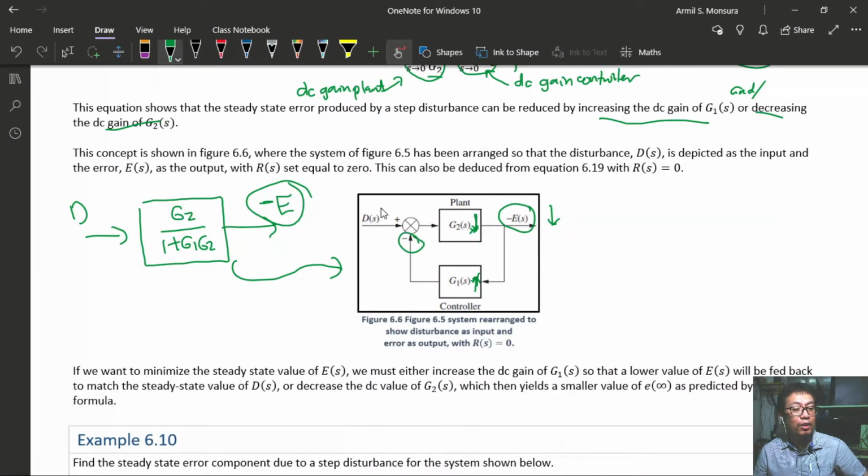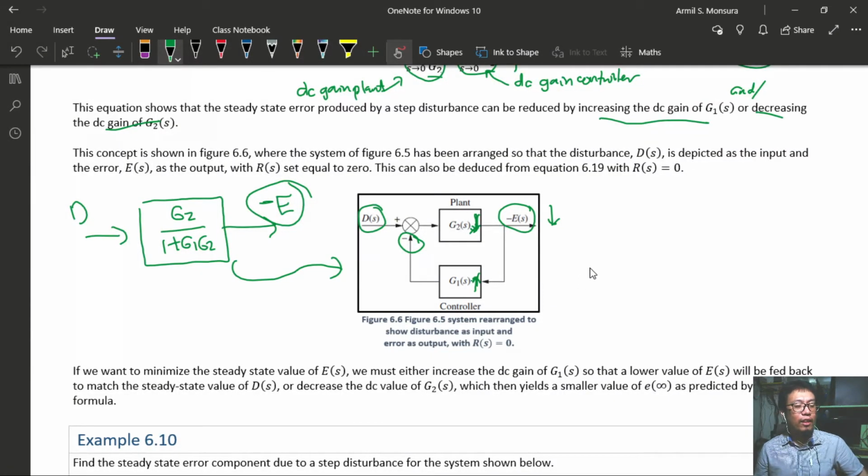Okay, para mas malaki yung may subtract niya dito, therefore yung may feed niyo dito mas mababa. That would lead to a lower value of E of S. O kaya kung ito bababaan nyo outright, yung multiplier niya para ma-generate nyo to is basically lower, which would lead to a lower E. Okay, so that is how we can decrease yung steady state error niyo due to the disturbance.